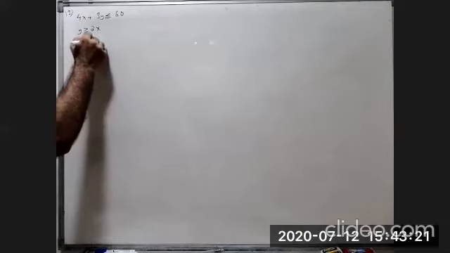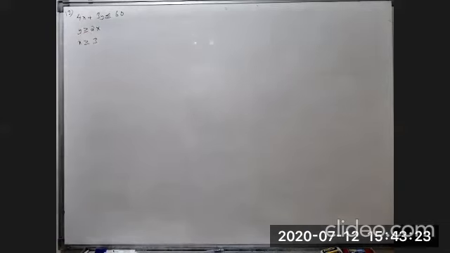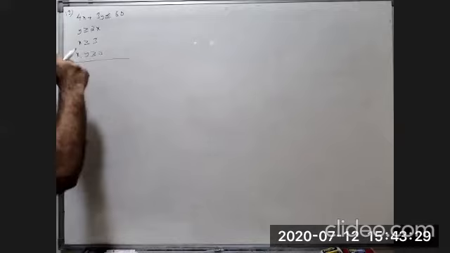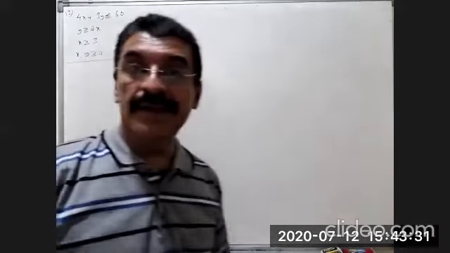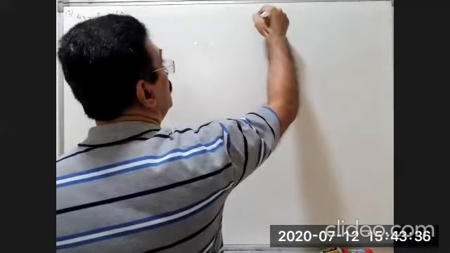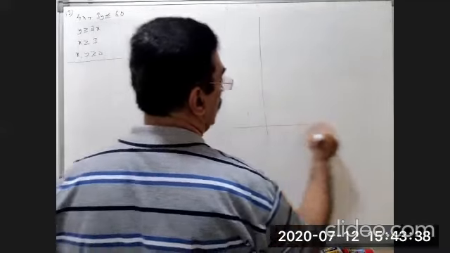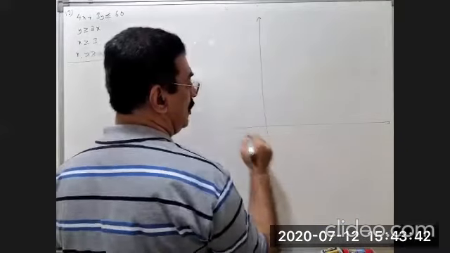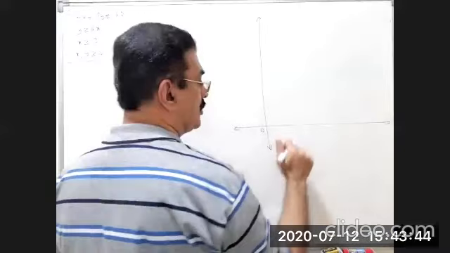X greater than or equal to 3. X, y greater than or equal to 0. See that? Whenever x, y greater than or equal to 0 is given, it is better if you are drawing this way, because our required area is in quadrant 1.